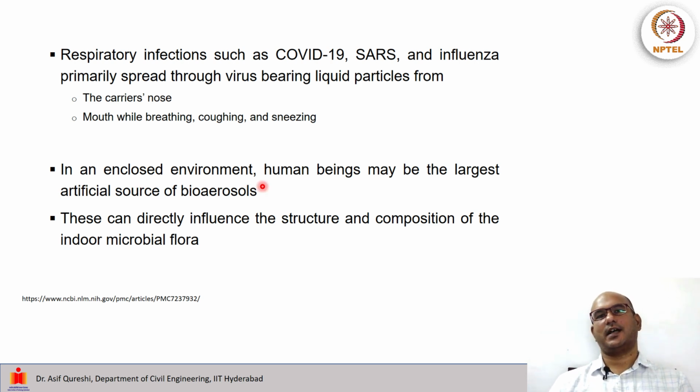And then when humans are the main source or an important source, they will influence the structure and composition of the microbial flora within that particular indoor environment. So the microbial profile of the indoor air is profoundly influenced by the presence of humans and what the humans are emitting.